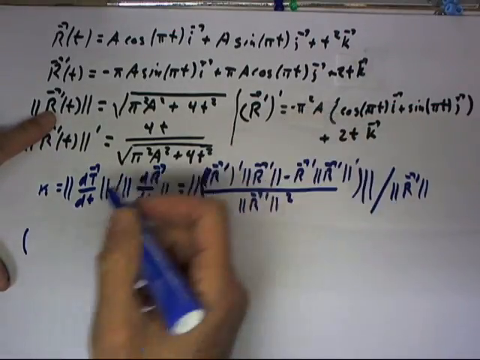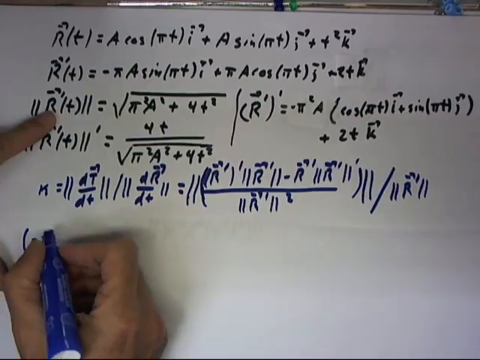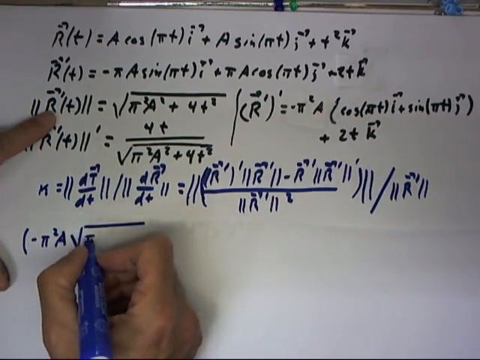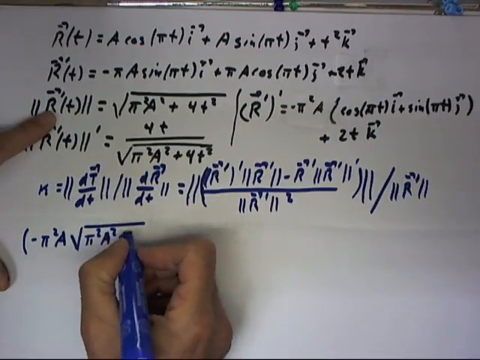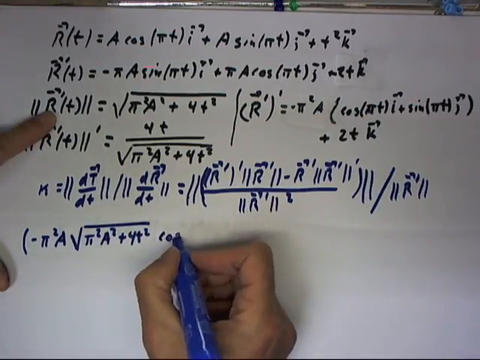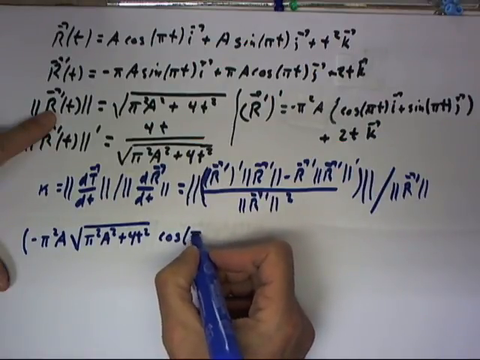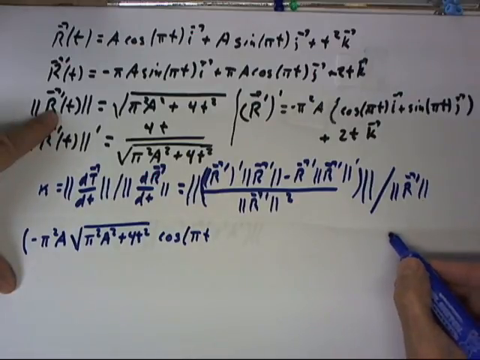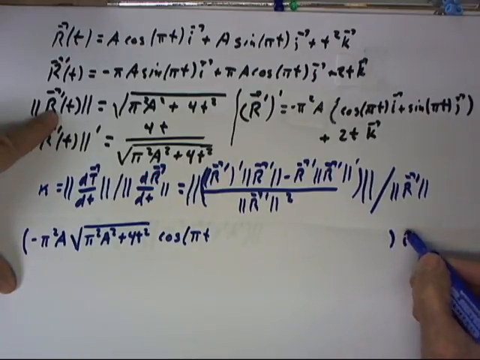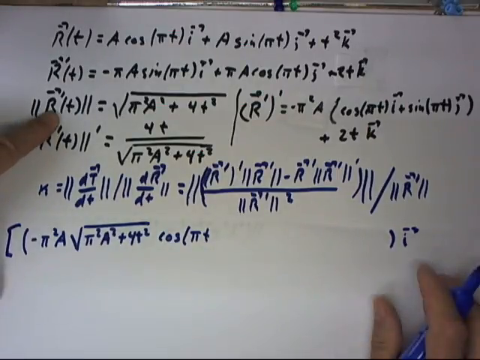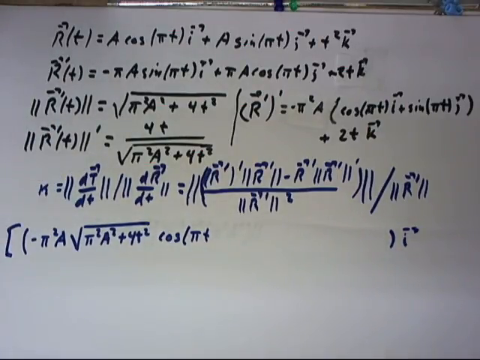That's going to be negative pi squared a times the square root of pi squared a squared plus 4t squared times the cosine of pi t. Now there's going to be more to it, so I'm going to close my parentheses and put an i out here. I'm going to put a big bracket out here because I'm going to have to extend my numerator over a couple of lines.